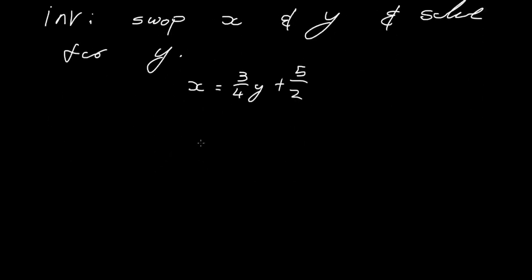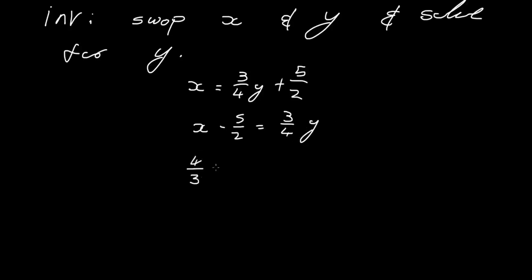So let's do that. So let's take the 5 over 2 across. X minus 5 over 2 equals 3 over 4 y. Okay, then we're going to divide by 3 over 4, which is the same as multiplying by 4 over 3. So we're going to do that across the whole equation.